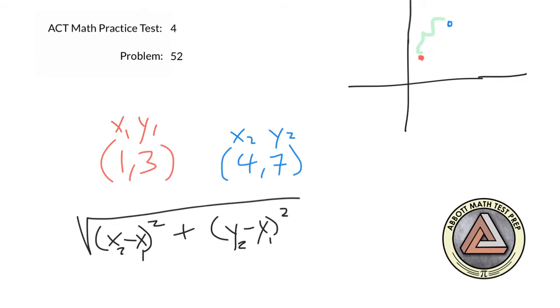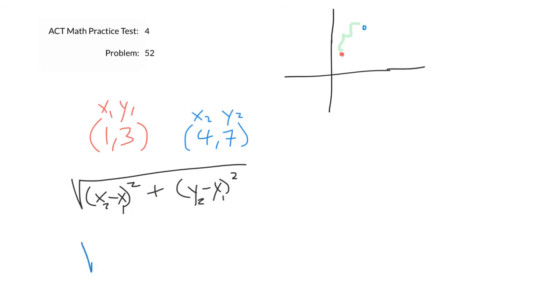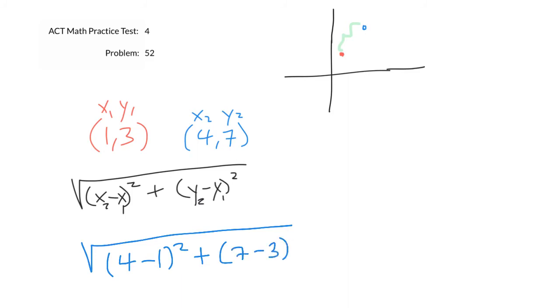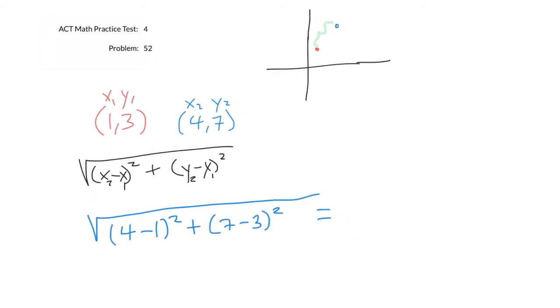Going through the motions, we get the square root of (4 minus 1) squared plus (7 minus 3) squared, which equals 3 squared plus 4 squared.